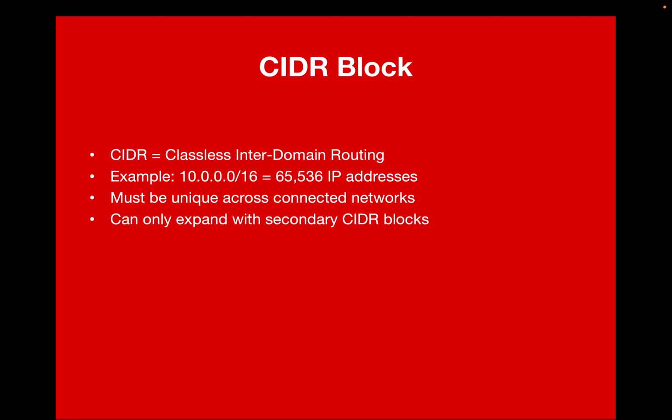So the 10 is of 8 bits, and you can represent it in binary format. The 0 is again 8 bits, again 0 is 8 bits, and again 0 is 8 bits, so you have a total of 32 bits. Now when you say /16, you mean that 16 bits are reserved for the network and 16 bits can be used for subnetting.